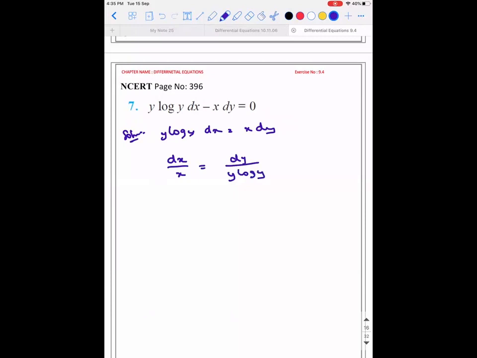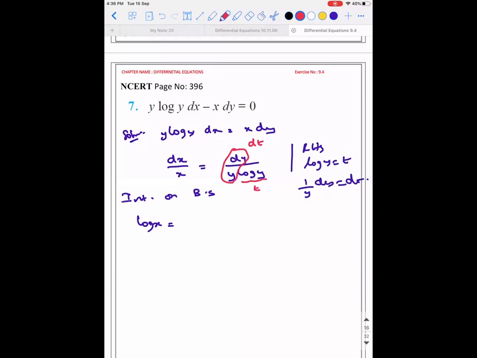Now, see, left hand side is easy. Integrating, you get log x. But how will you deal with the right hand side? Take log y as t, sir. You take log y as t. So for the right hand side, you take log y is equal to t, then 1 by y into dy will be equal to dt. Means dy by y can be taken as dt and log y will be t.